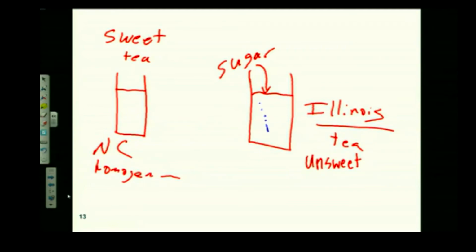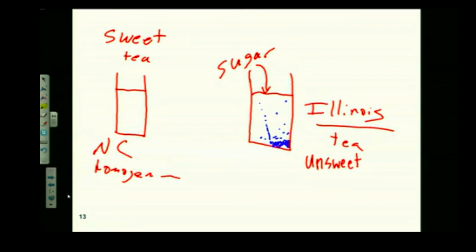It just sinks to the bottom, and it doesn't even sweeten it, hardly at all, does it? You stir it, and maybe you get a little bit up here, but there's going to be a lot more down here. So what happens? The first sip tastes like absolutely nothing, right? And then by the time you get down to the bottom, you've got a whole bunch of wet sugar left down here, right? Yes.